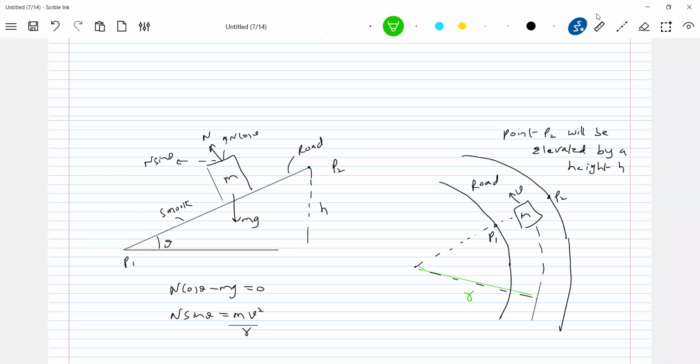Okay, fine. So let me divide these two equations. What do I get? Tan theta equals v squared by gr.